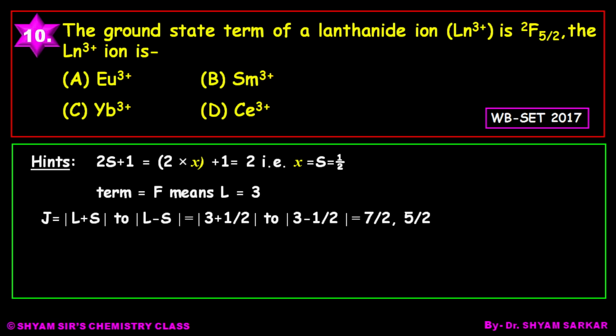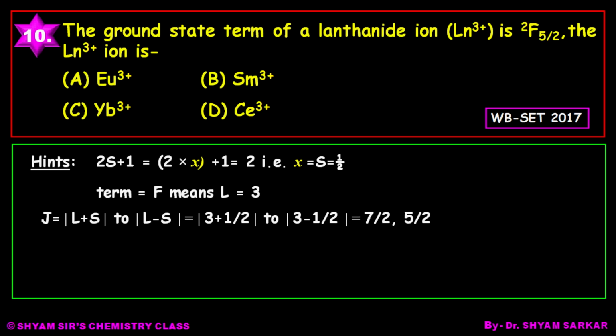Now see, they have given 2F 5 by 2 as the ground state term symbol. 5 by 2 is the minimum value of J, so there will be a less than half filled orbital. Less than half filled means, see here, S equal to half.